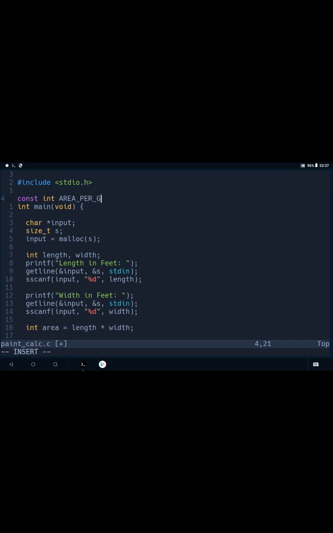Area per gallon should be 350. Okay, area per gallon is 350.